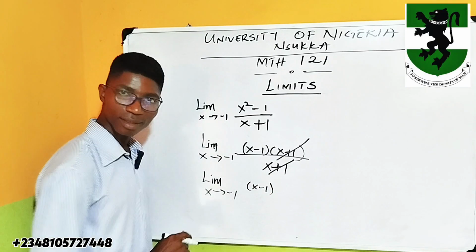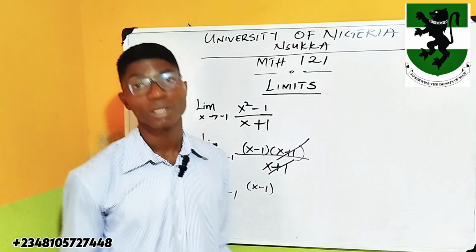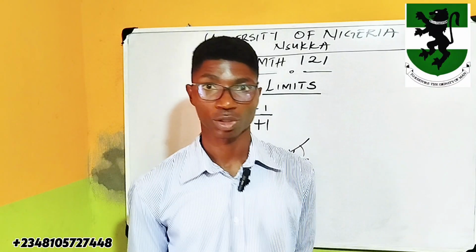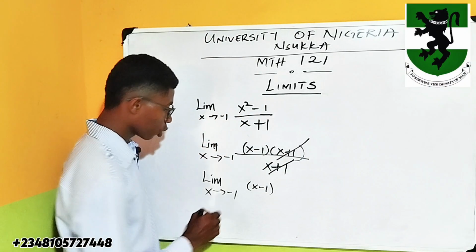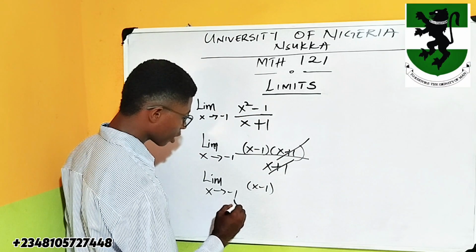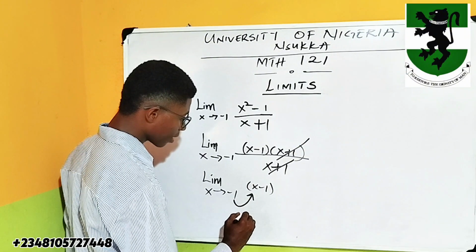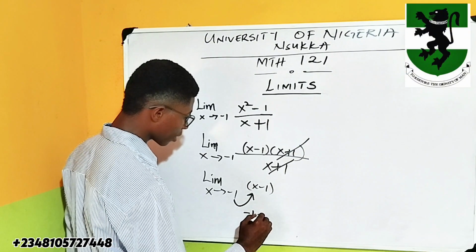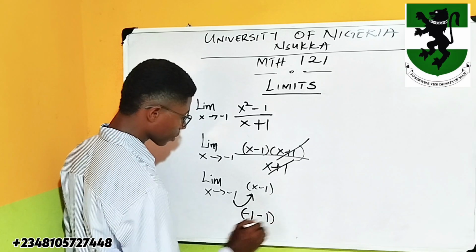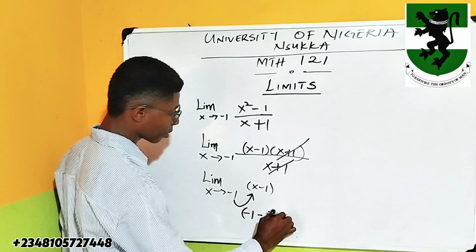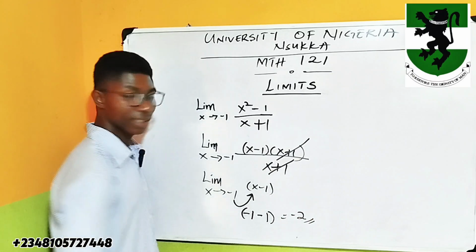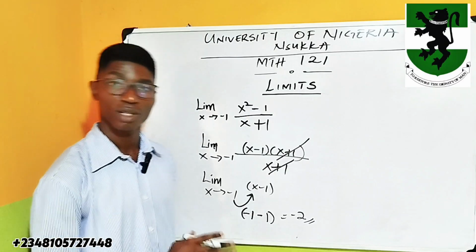We're now going to go on the method of direct substitution. By substituting directly, putting minus 1 into this expression in place of x, we have minus 1 minus 1, which is minus 2. This is our answer. Very, very simple and straightforward.